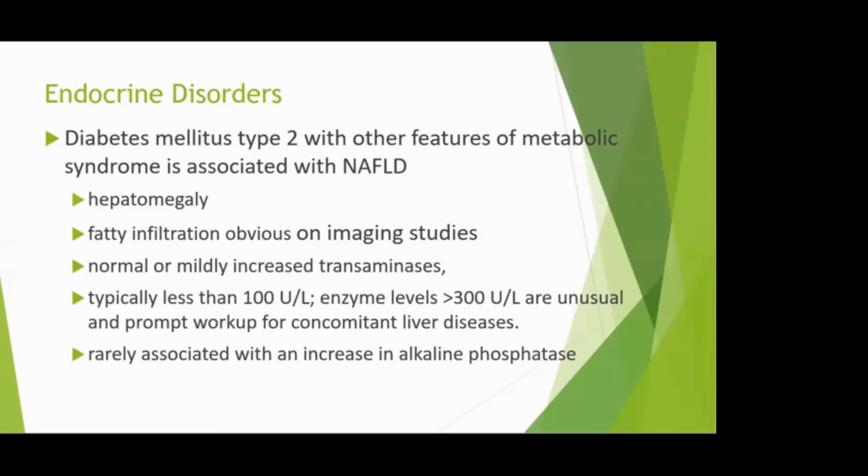Enzyme levels greater than 300 units per liter are unusual and prompt workup for concomitant liver disease. These enzyme values fluctuate and may rarely be associated with an increase in alkaline phosphatase.